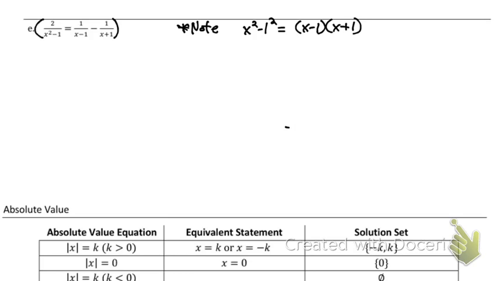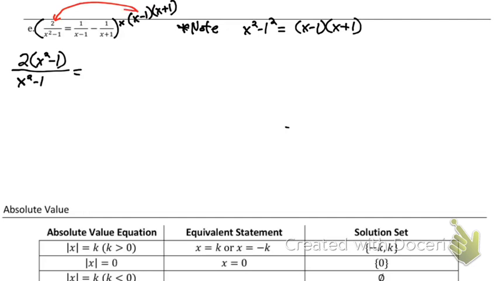I'm going to take this, and I'm going to multiply by x minus 1 times x plus 1. Now let's distribute this. Well, when I distribute it here, rather than keeping that form, I'm going to write it as 2 times x squared minus 1. So I'm going to put it as an alternate form so I can see what cancels out. So that'll be over that x squared minus 1.